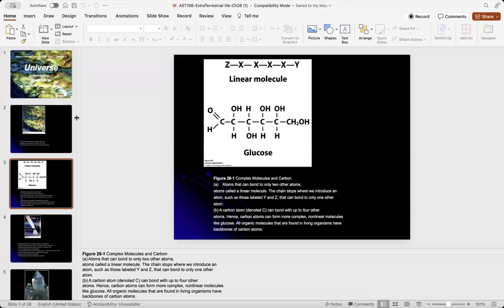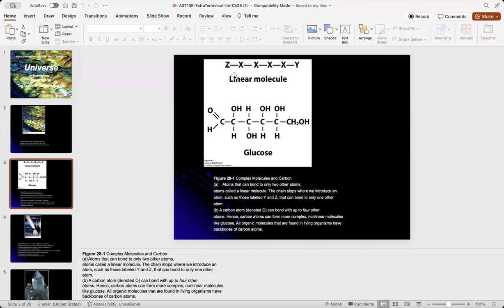For example, if we look at the linear molecule on the top, there are many other atoms which can form two bonds. As long as they are connected with other atoms able to form two bonds, they'll make a chain.